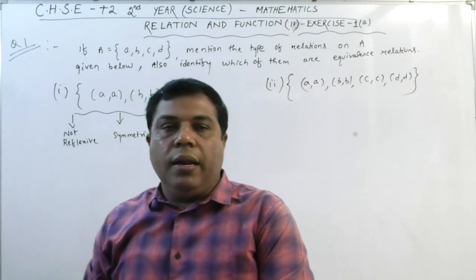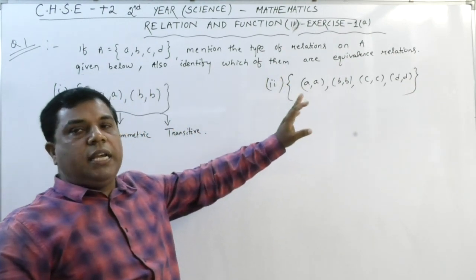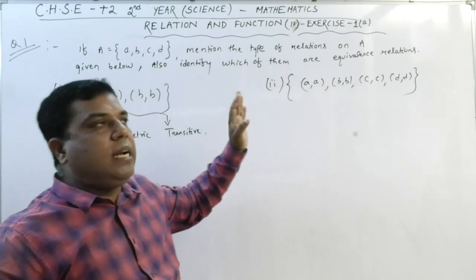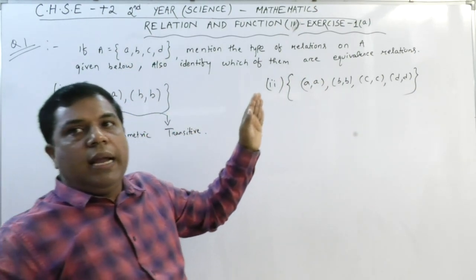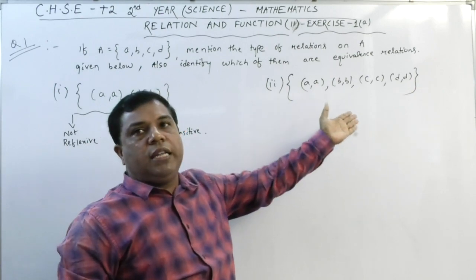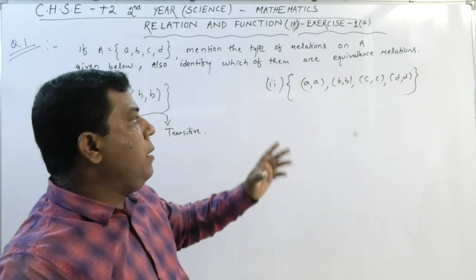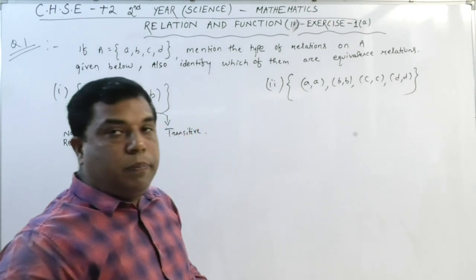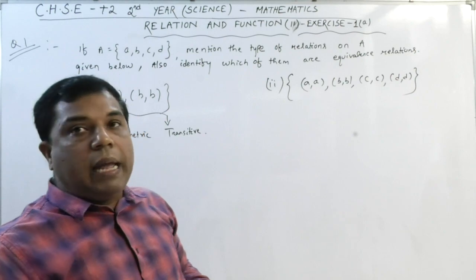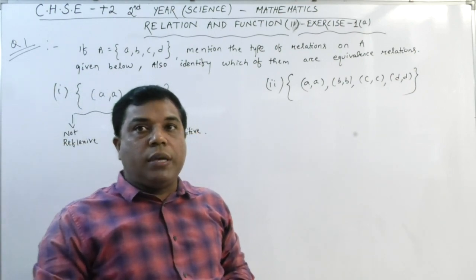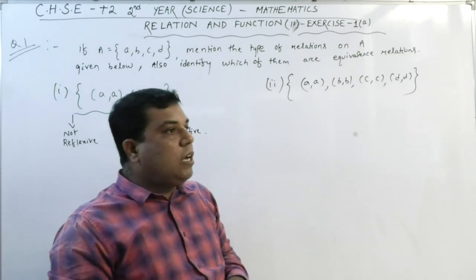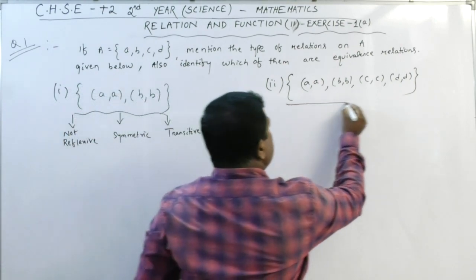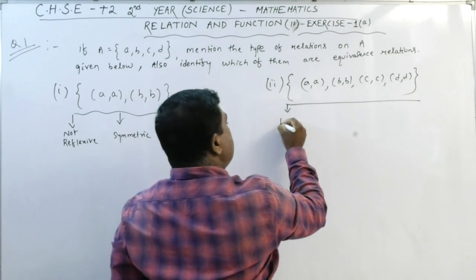Now we will move to our second question. The second question is on a relation from the same set A equals {A, B, C, D}, and the relation is defined containing the ordered pairs (A, A), (B, B), (C, C) and (D, D). Now we have to specify what type of relation it is. Please go through carefully and tell me. It is reflexive in nature.